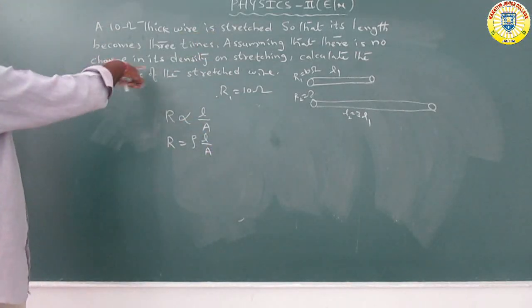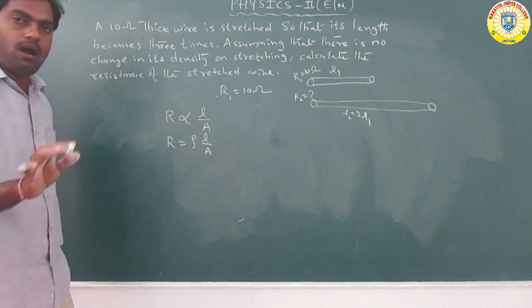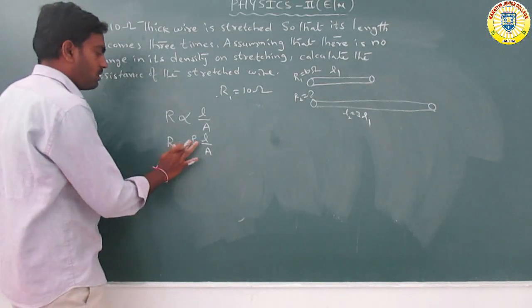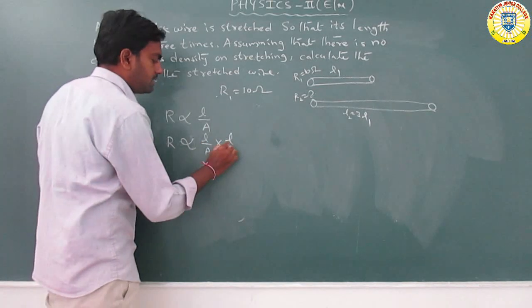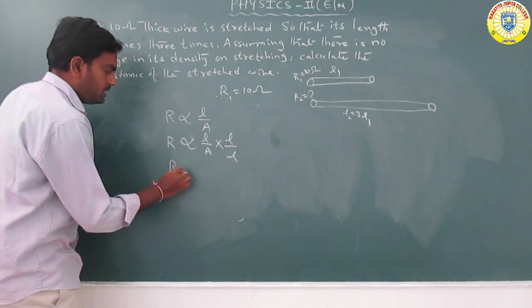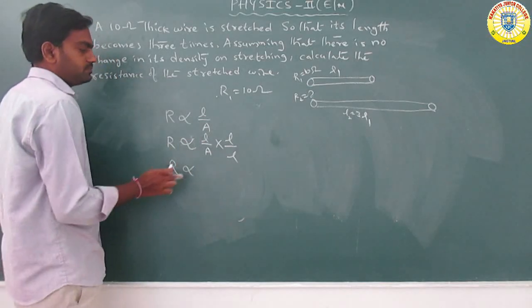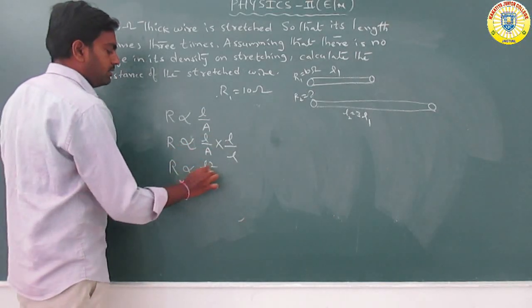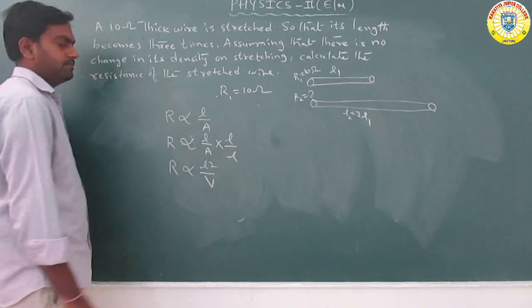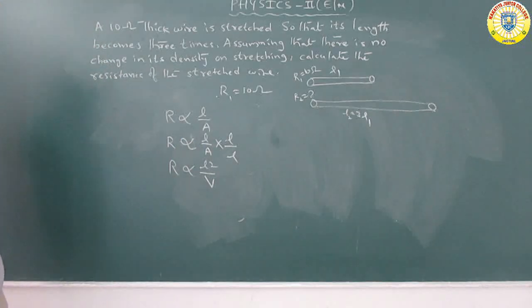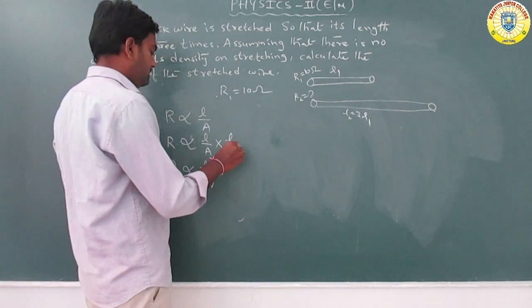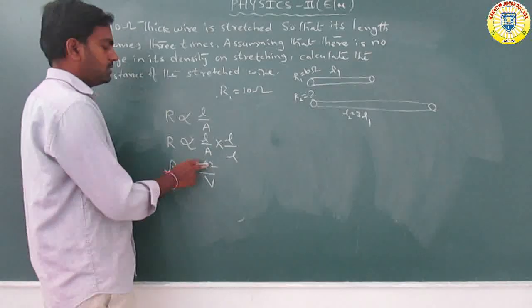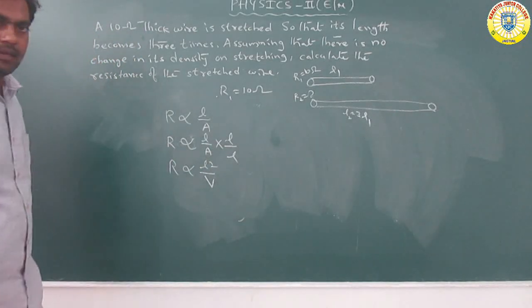There is no change in its density, so it is constant. Multiplying by L on top and bottom, R is directly proportional to L square by volume V. So R is directly proportional to L square.